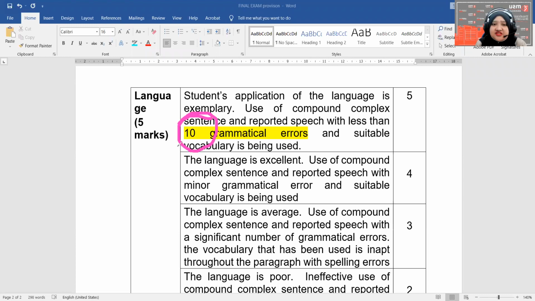Until we reach 10, I will not deduct the score. But then again, I don't know who will be grading the paper, because we have over 400 students taking this semester. And I'm not sure also which faculty I will be assigned this semester. Maybe.